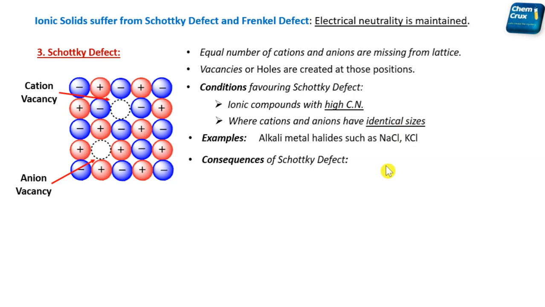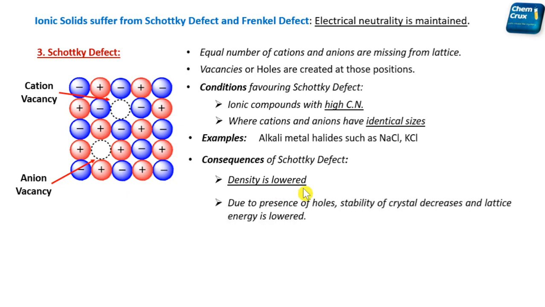Coming to consequences of Schottky defect. Since some ions are missing from lattice sites, the density of the solid will decrease, right? Due to the presence of holes, the stability of the crystal will decrease and lattice energy will also decrease, right? Electrical conductivity of the solid will increase because of the movement of the holes.